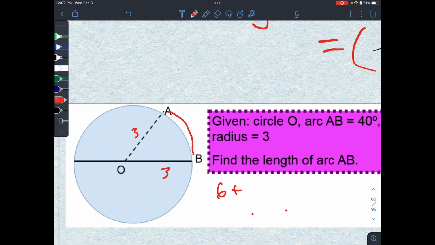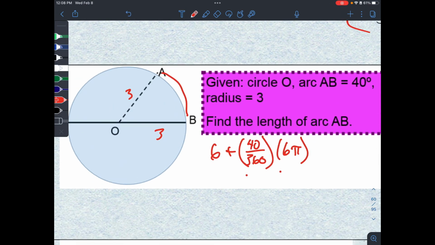And so that's a portion. How much of a portion? 40 over 360 is my raw number, times 2 pi r, which would be 6 pi, right? 2 times 3 is 6. All right, so 40 over 360 is the same as 4 over 36, which is the same as 1 over 9. So 1 over 9 times 6 pi is what we have to do.